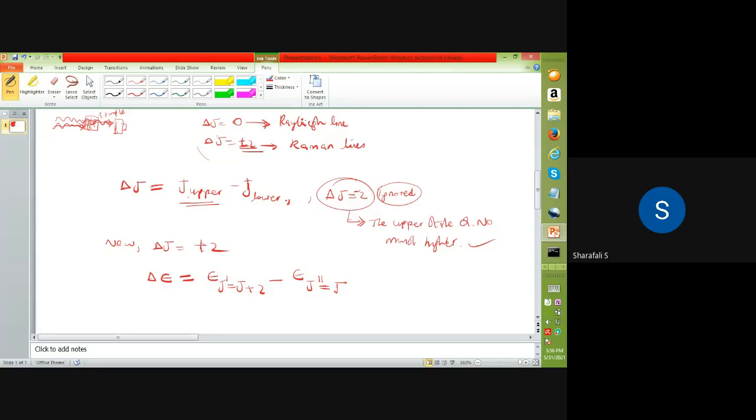The upper state quantum number will be higher, and in Raman it is higher by 2. The lower state quantum number is represented by J double dash, which is less than the higher quantum number. So we have only J here.